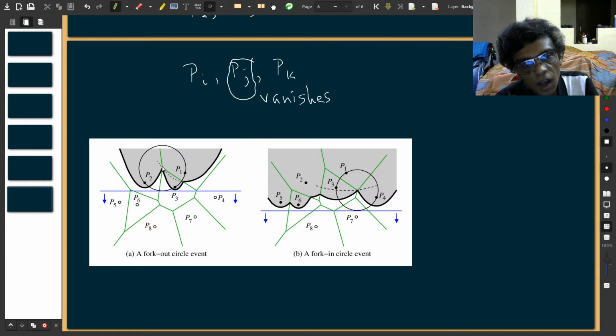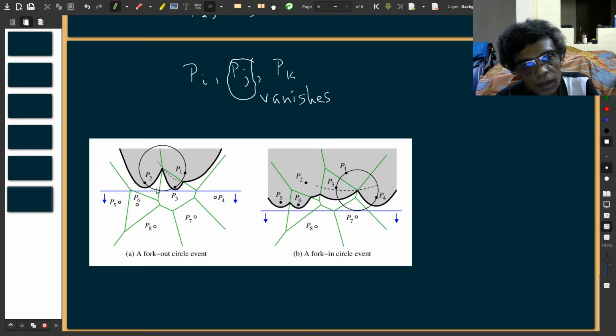So this line is now closed. This is called fork out because after this closure, these two will now be traversed by the intersection of P2, P3, these parabolic arcs, and this will be the intersection of P1, P3, which will follow this line. Okay, so this is fork out.